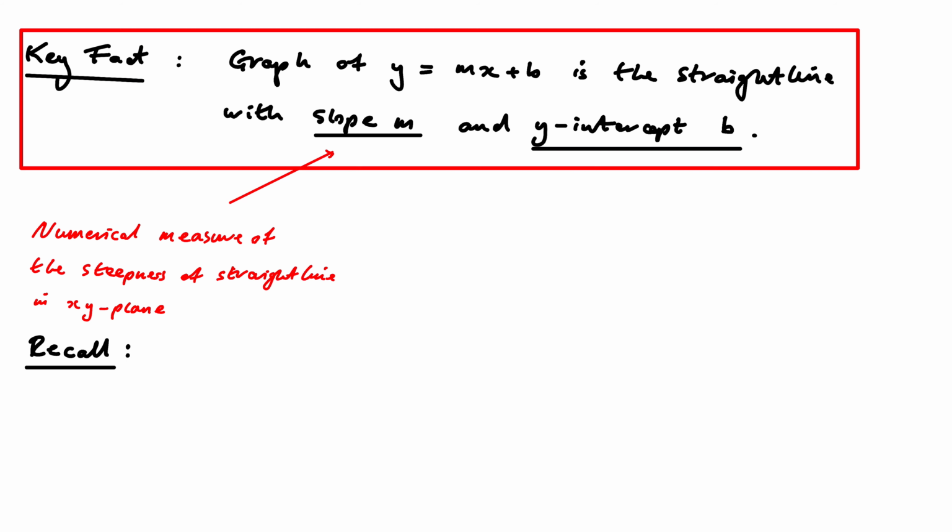So if I give you a straight line, and let's assume I give you two positions on it. So let's mark the point here, x1, y1. Let's mark the position here, x2, y2. So these are two distinct points on the straight line. So they're different. That's what I mean when I say distinct.